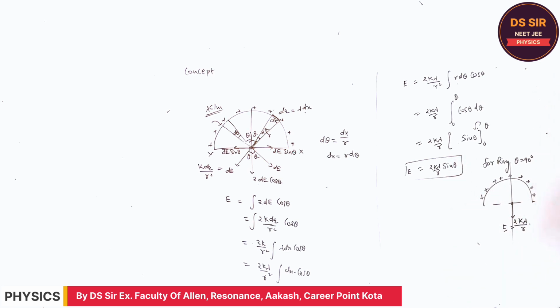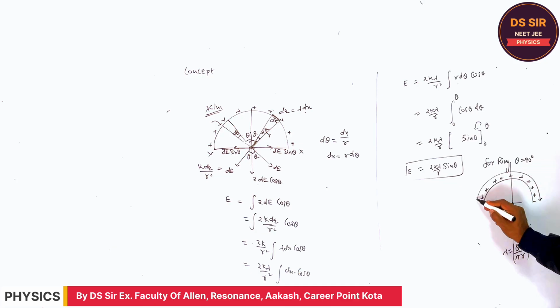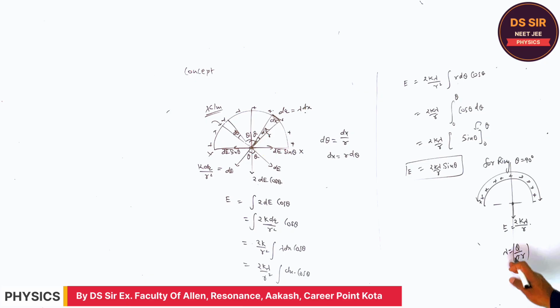Is it clear or not? Where lambda is equal to total charge per unit length. The total length of this circumference is pi r, so this is the lambda. Are you getting or not?